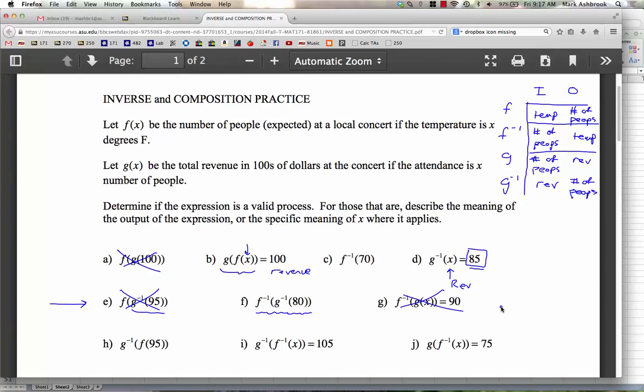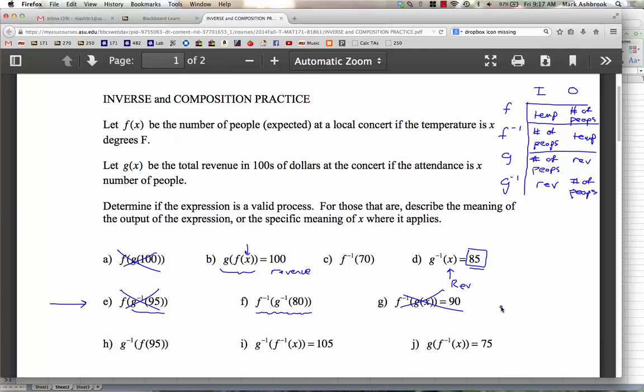Okay, so who can articulate what that thing in part F means? What does it mean, Matt? It is the temperature when 80 people attend. Temperature when 80 people attend. What do we think? I think I disagree. Temperature in degrees Fahrenheit. Tyler? It's the temperature in degrees Fahrenheit when the total revenue is 80.